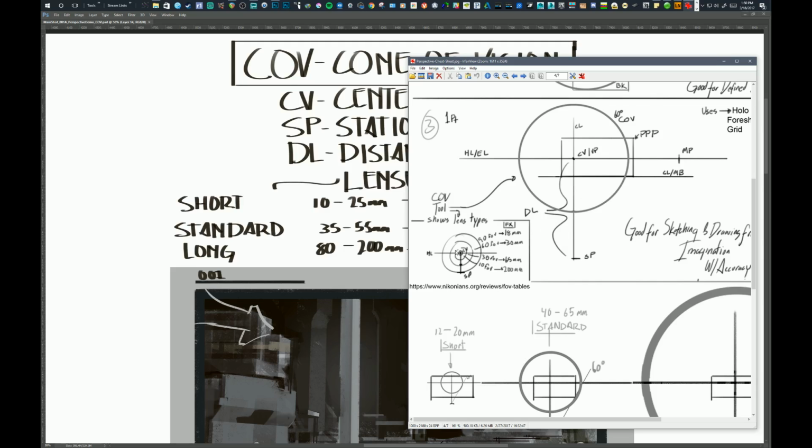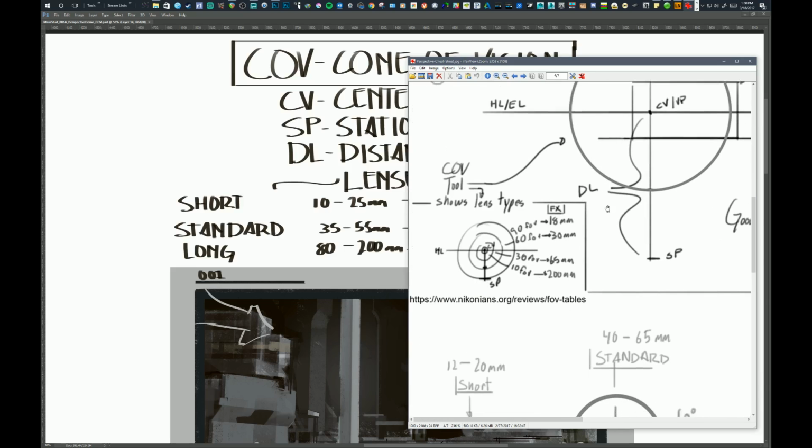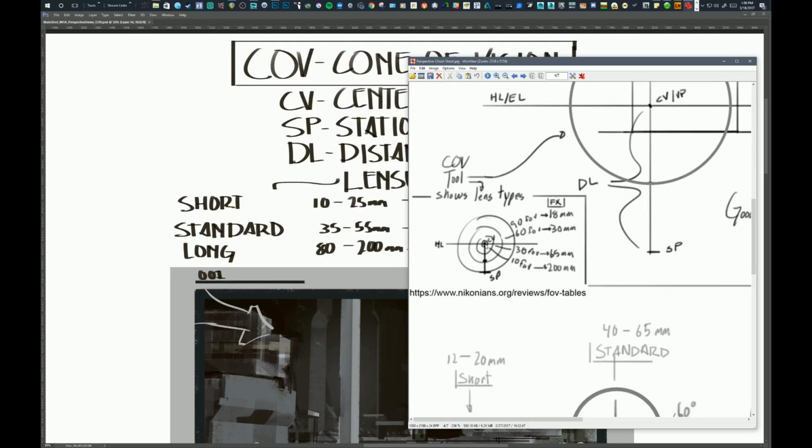So let's look at this little diagram right here, but we're going to take it a little bit further. We're going to make it a little bit smaller so that we can iconify this concept. But still notice we have the center of vision, we have the distance line, and we have the station point down here.